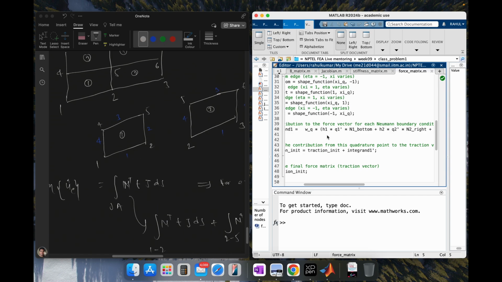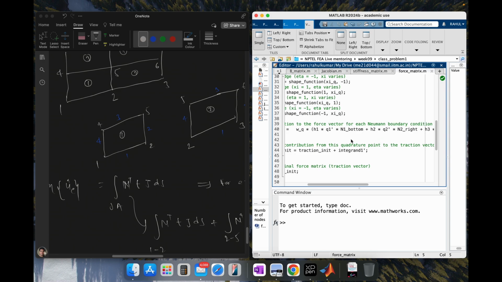So here you can see that h1 is what? H1 is the Jacobian. Then q1 dash, this means what? Here the traction boundary condition on this edge. Okay, and then it will be multiplied by N1 bottom. Okay, and h2. Okay, yeah, it's done.